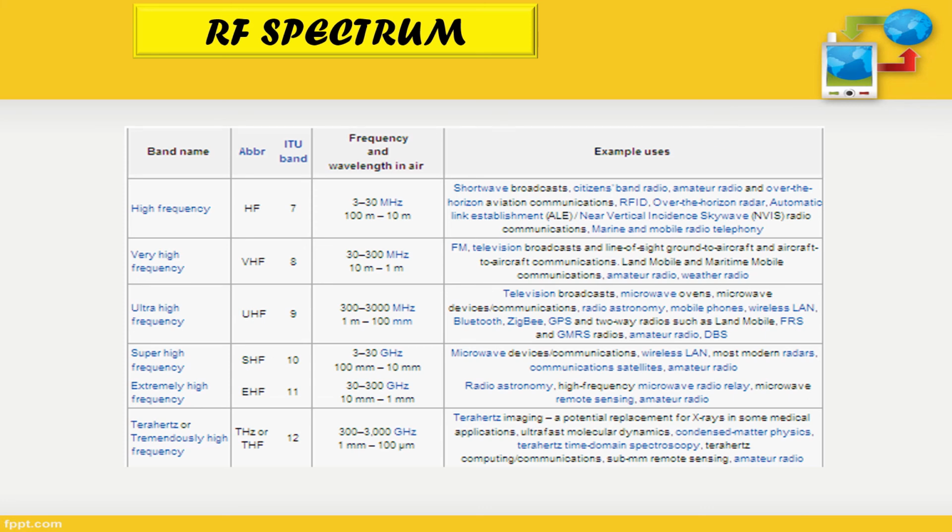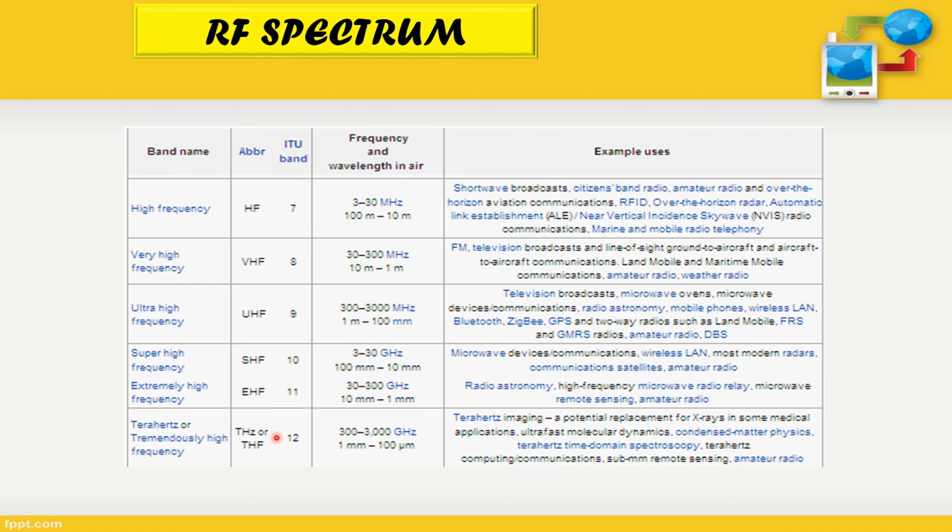Other than that, we have also high frequency, very high frequency, ultra high frequency, until 3000 GHz, terahertz, tremendously high frequency, THF.